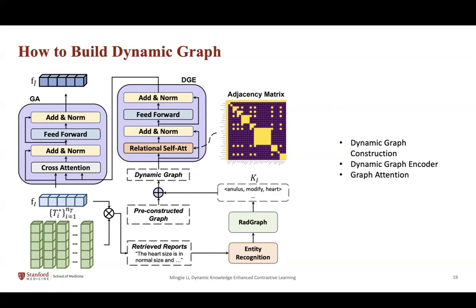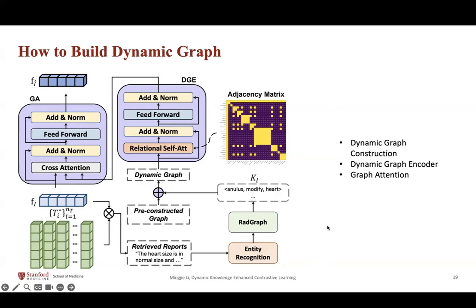Yes, thanks for your question. RadGraph gives us a lot of triplets to describe the relations between two entities. But in our model, we cannot let it automatically identify the relation between two entities.